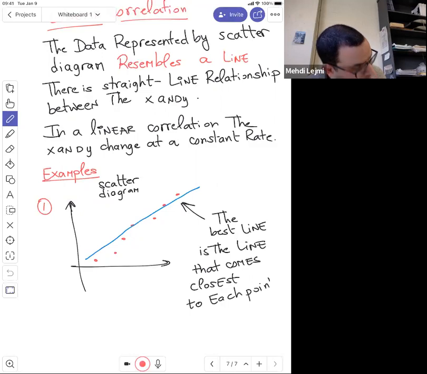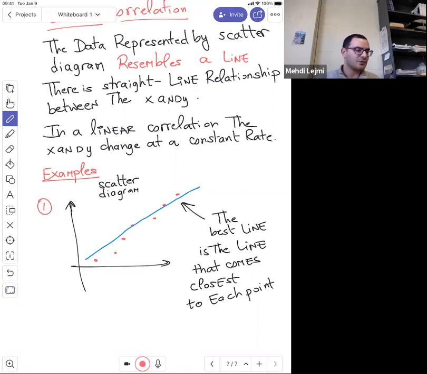Okay, so in this example, the points don't lie on the same line, but still your line, which comes closest to each point, is kind of a straight line here, right? So it's not a perfect linear correlation, but still you have kind of a linear correlation in this case.